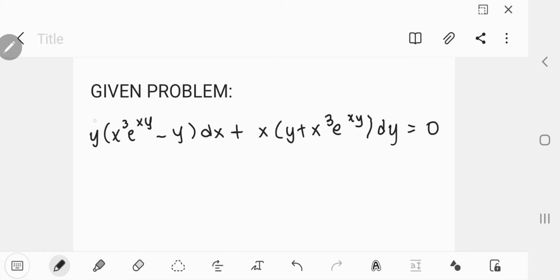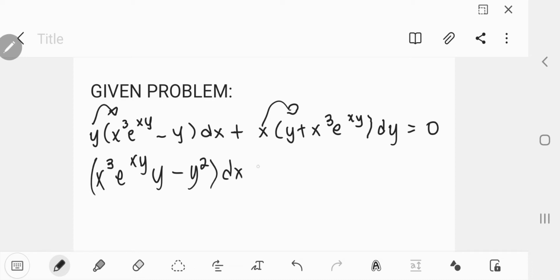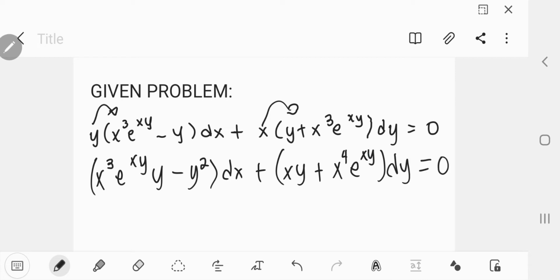Let us distribute the value of y and the value of x. And now we have x cubed times e raised to the xy times y minus y squared dx plus xy plus x raised to 4 times e raised to the xy dy is equal to 0. And now let us also distribute the dx and dy.